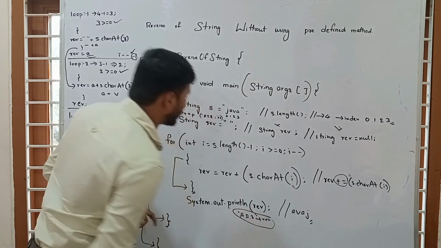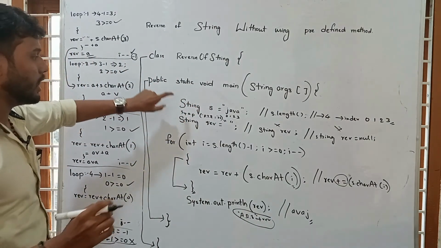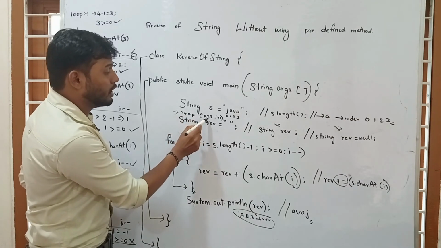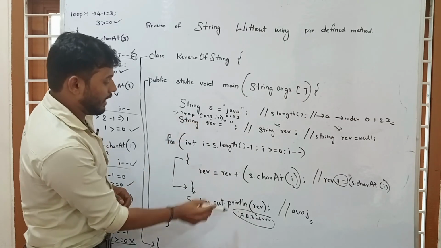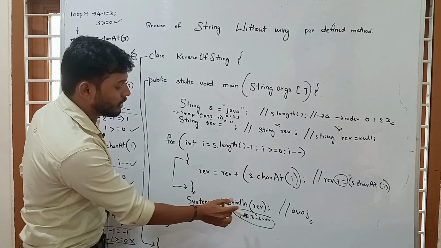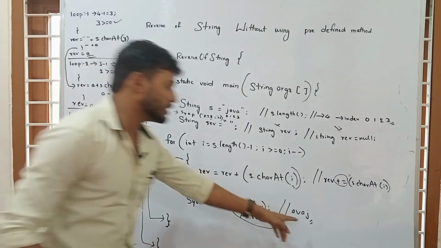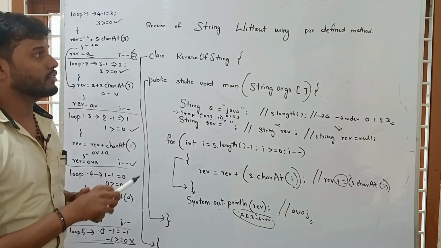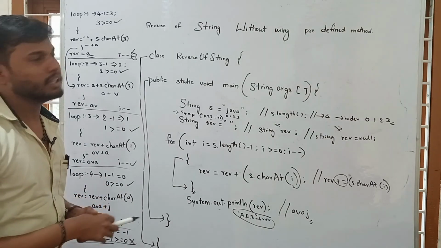This is not mandatory. If we need any separate high-level purpose, we go to System.out.println before the reverse of string and after the reverse of string. So this is the answer. This is the program for reverse of string without using a predefined method.